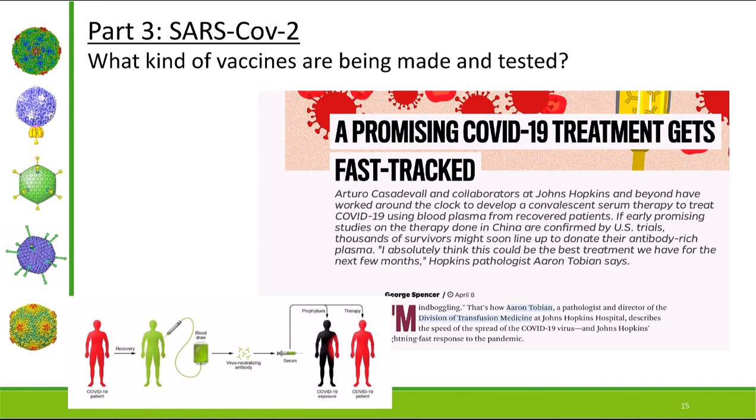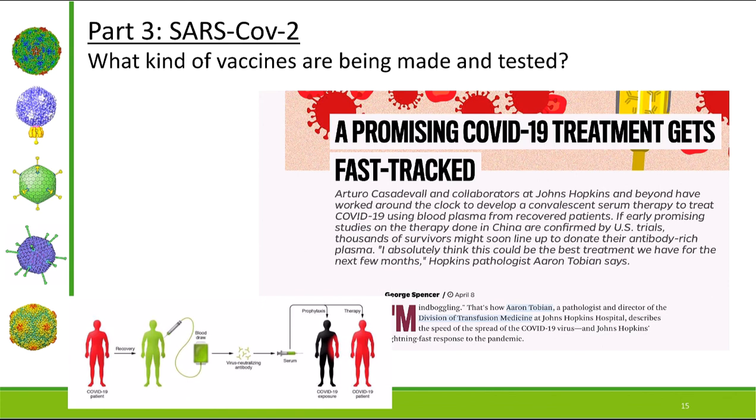Even though this article that I've screenshotted and pasted here is a week and a couple days old, this was just approved recently for a clinical trial. One of the things going on that you probably heard in the news is that doctors and scientists are looking for patients who have had this coronavirus and have gotten better to donate their blood so that we can take their serum.